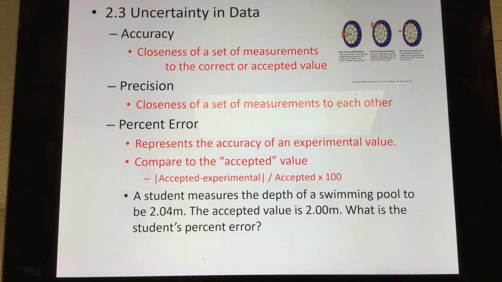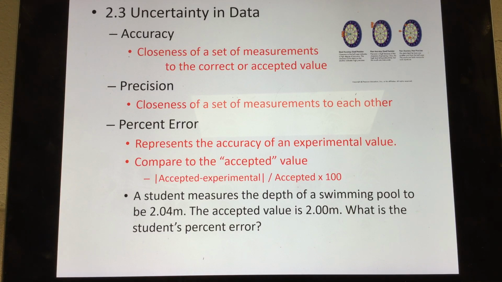So regardless of whether your experimental value is larger or smaller than the accepted value, we always make that a positive number, because we don't care whether you were too far above it or too far below. We just want to look at how far off of the accepted value you really are. So we always make that positive, and then divide that value by the accepted value, and to turn it into a percentage, we multiply by 100%.